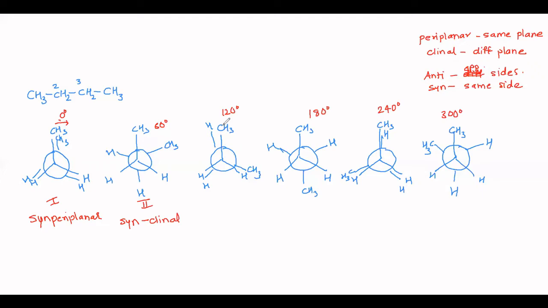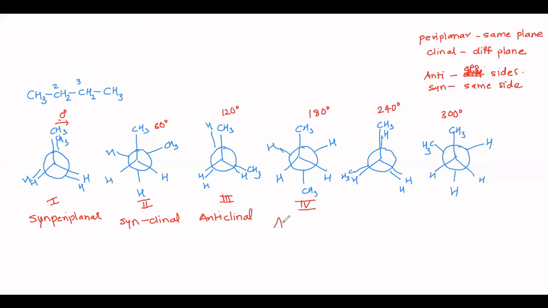Now this is kind of an axial equatorial position. So the methyl groups are on opposite sides. Axial is upwards, equatorial is downwards. So here they are anti, but they are anticlinal. The fourth one is the most important structure, where the two methyl groups are far away from each other.